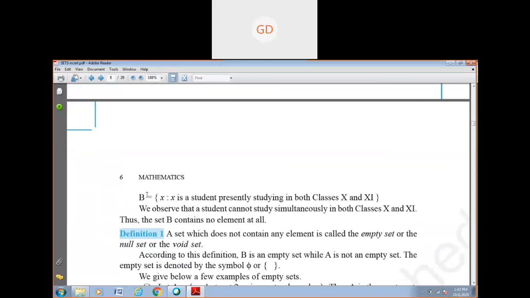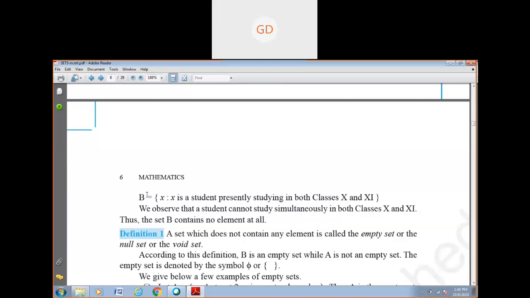If you observe, it clearly defines what type of students are there in the set B. It may be possible or impossible, that is a different thing, but in the definition nothing goes wrong. X is a student currently studying in both classes 10 and 11. So no element exists, no student exists. The number of elements in this set is 0, so it is empty.